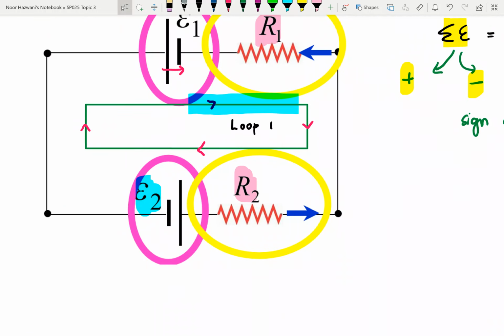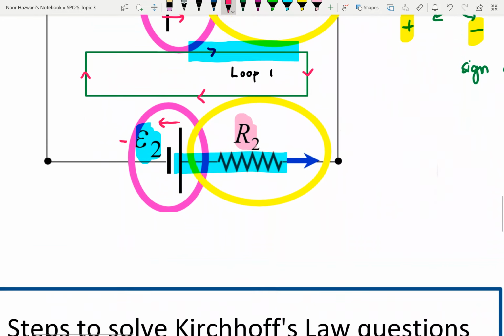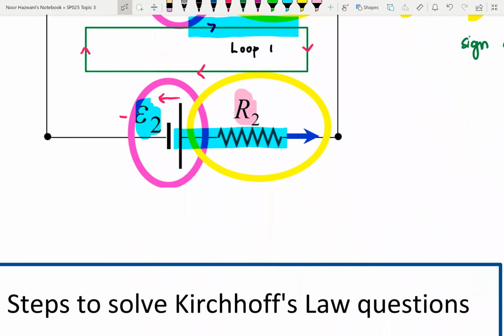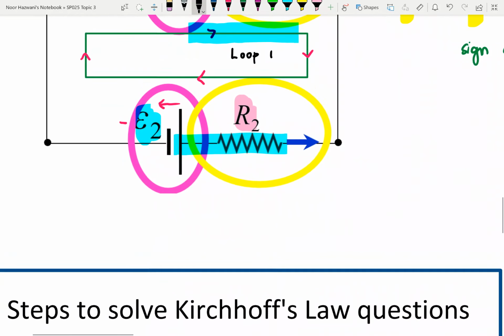Okay, cuba kita tengok loop yang bawah pula. Loop yang bawah ni dia adalah ke arah kiri kan, arah dia. Jadi, you jumpa kaki panjang baru jumpa kaki pendek kan. So, EMF you akan jadi negatif juga. Okay, so bila negatif, tadi kan kita nak tulis. Okay, I tulis sekali lagi lah kat sini.